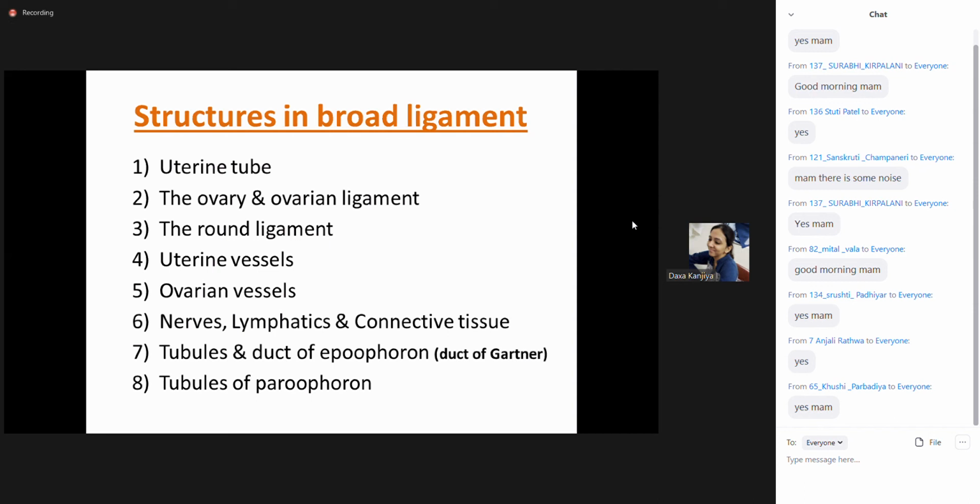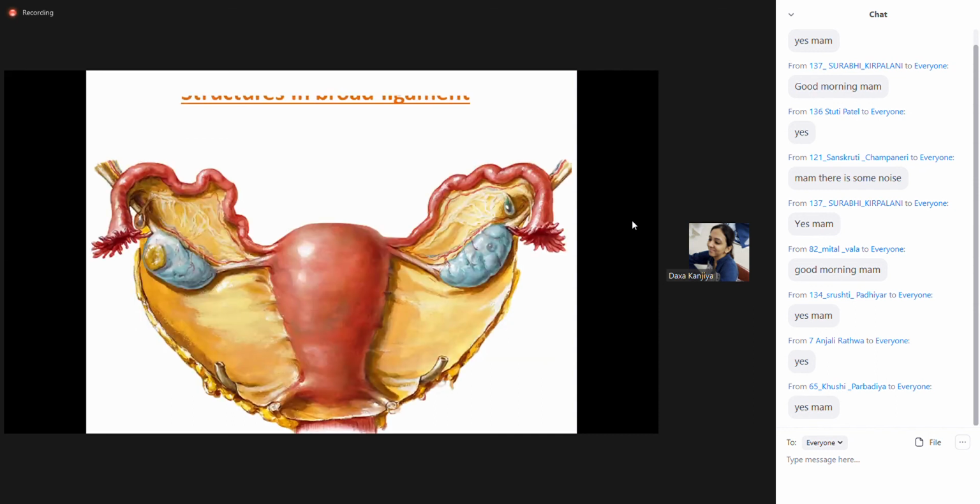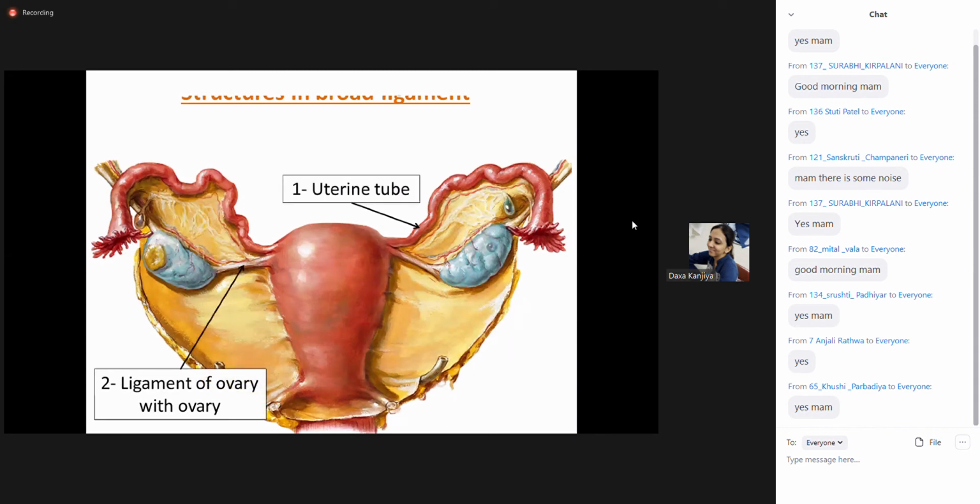Remember, the ureter is not a content of broad ligament. It will not cover the ureter. So let me show you the structures within the broad ligament. This is the uterine tube, ligament of ovary with the ovary, ovarian vessels and nerves running along the suspensory ligament of ovary.